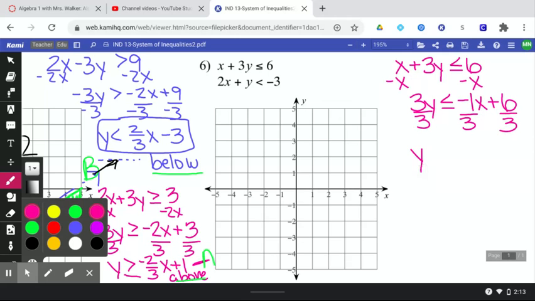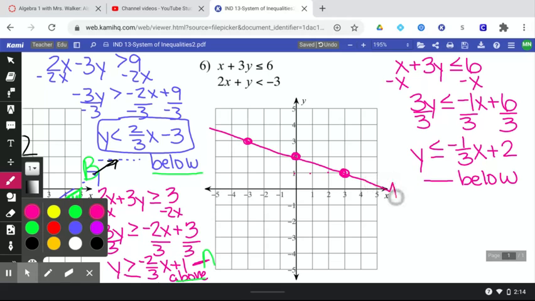And we get y. We divide by a positive, so we keep it the same, negative 1/3 x plus 2. So it's going to be a solid. We're going to shade below. We're going to start out at positive 2, go down 1 to the right 3, or up and back 3. Got a nice solid line, and I'm going to put a B for below this line.